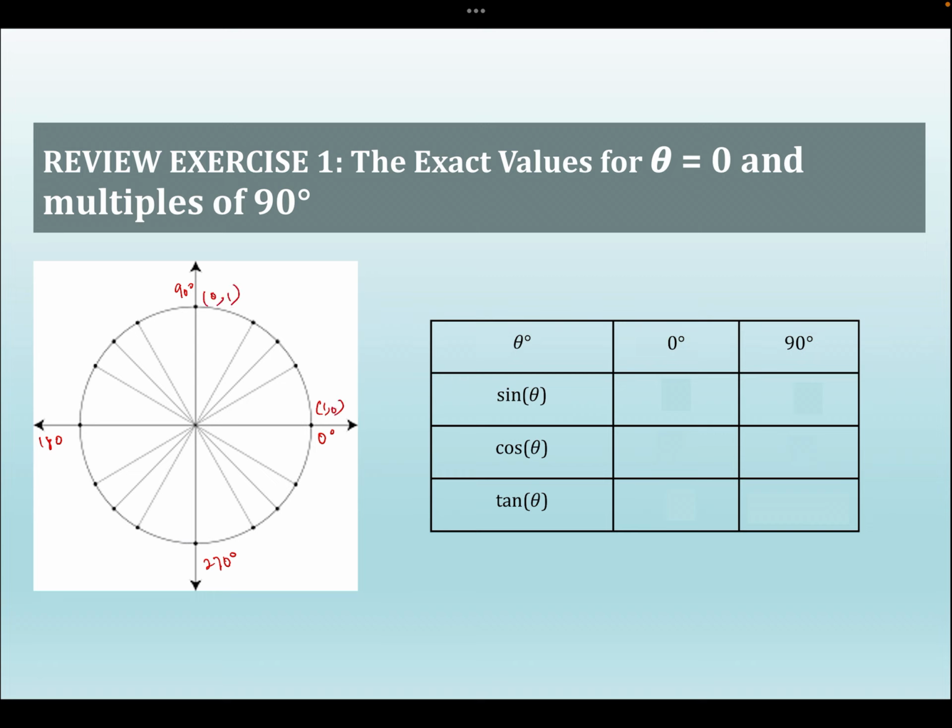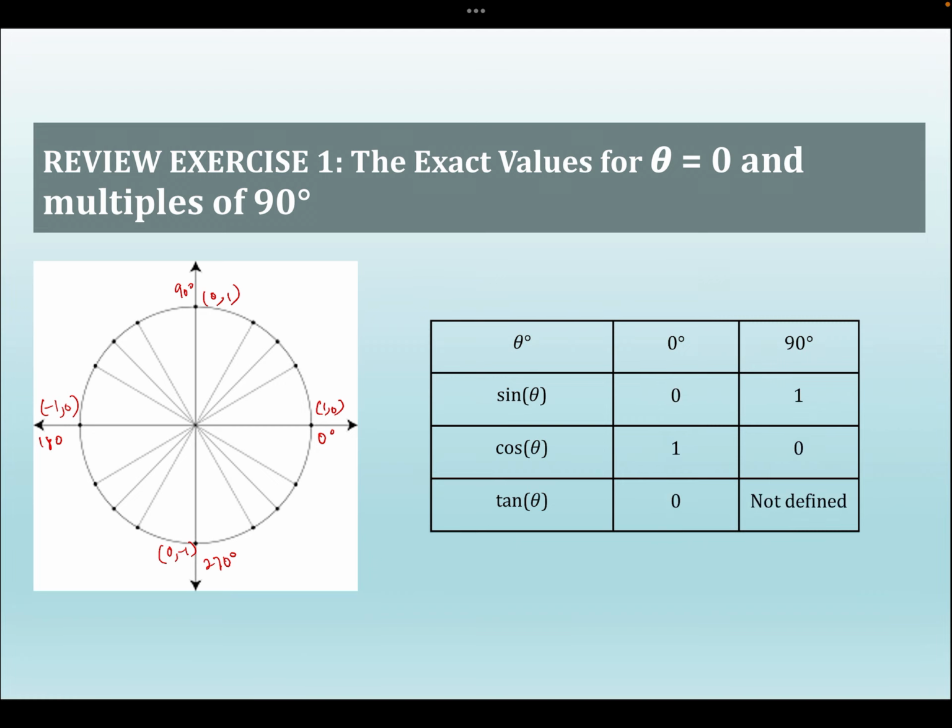Coordinate here is 0, 1. The coordinate here is -1, 0, and therefore here would be 0, -1. All right. So let's think about how we will work out the exact value. So for 0 degrees, what would sine theta be? Sine theta is actually 0 because y is 0. Cos theta will be 1 and tan theta will be 0.